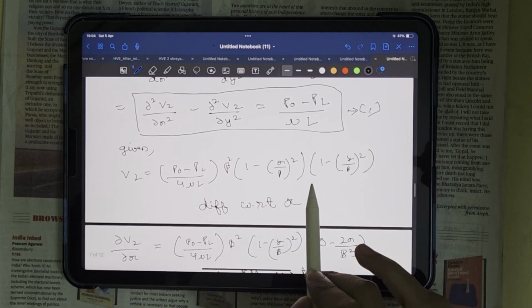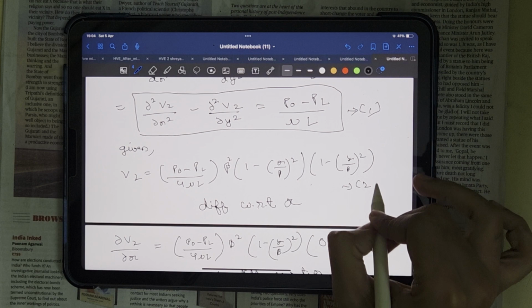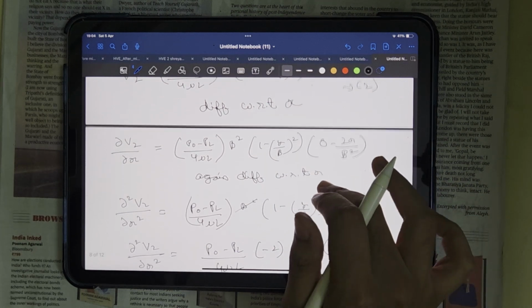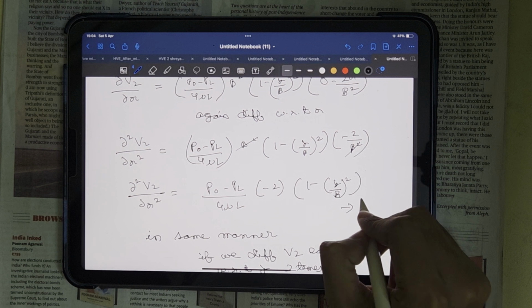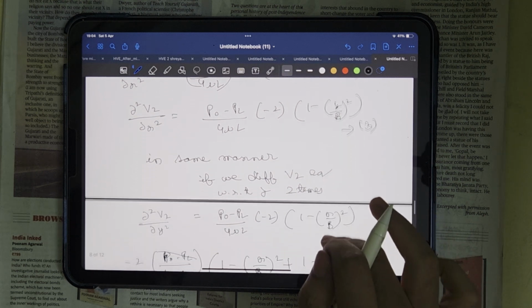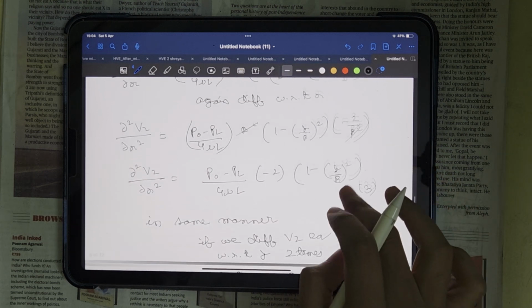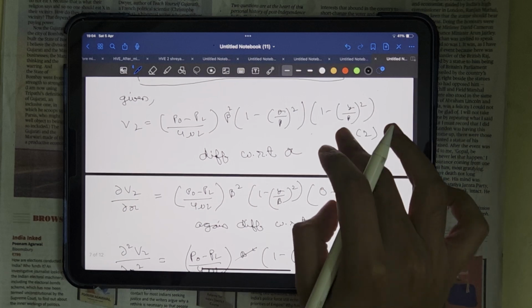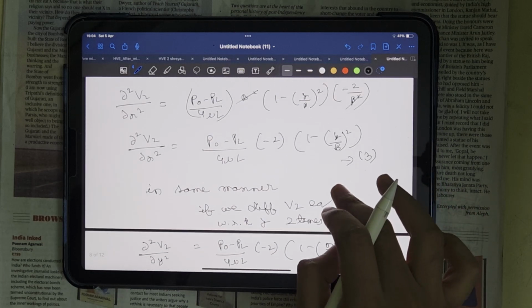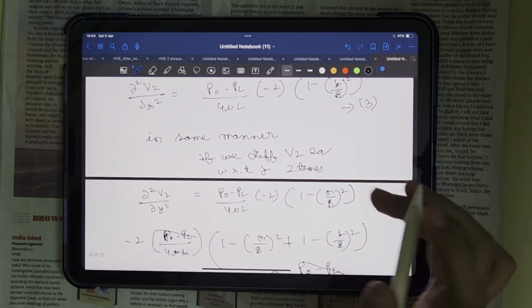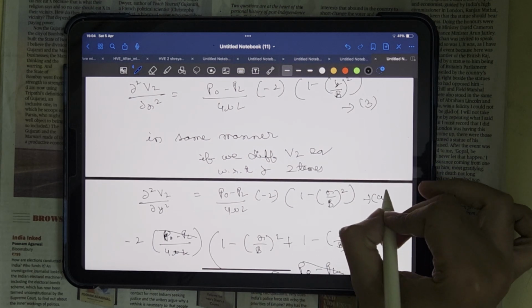Now this equation 2 was given to us in the question, and then we differentiated it 2 times, first with respect to x to get this equation number 3, and then we differentiated the same equation number 2, which is the equation given in the question, 2 times with respect to y to get this equation number 4.